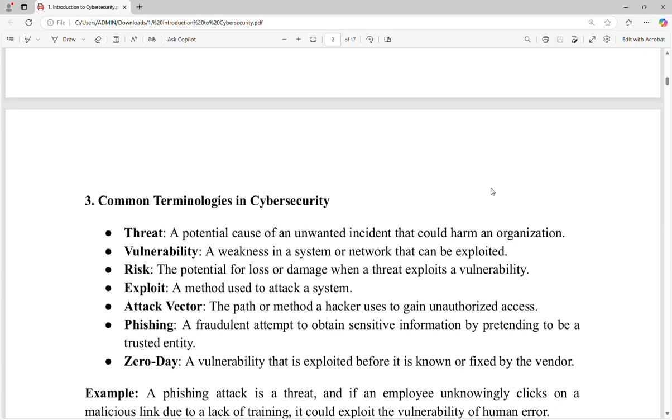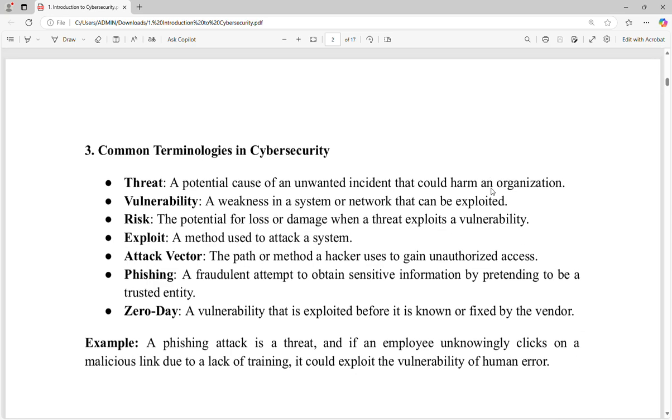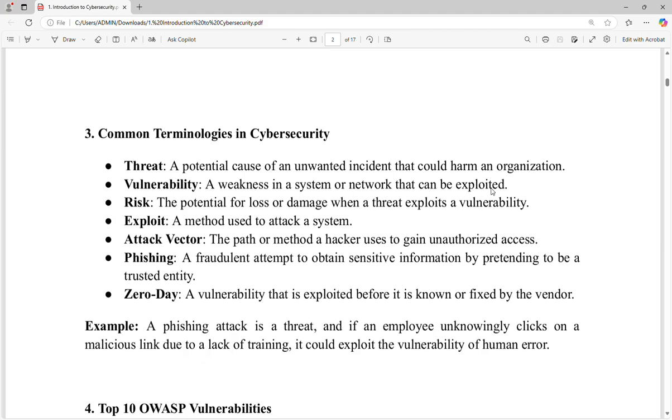Now, we have common terminologies in cybersecurity. Let's talk about them. Number one, we have threats.